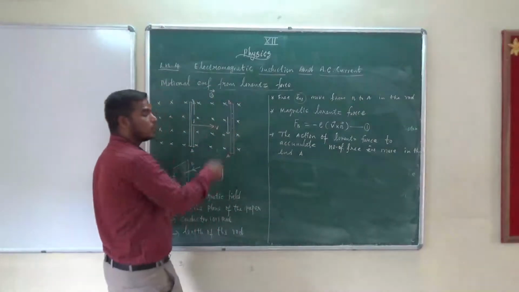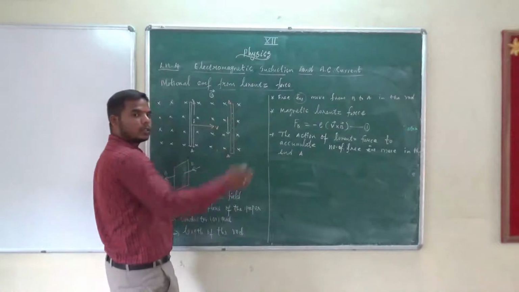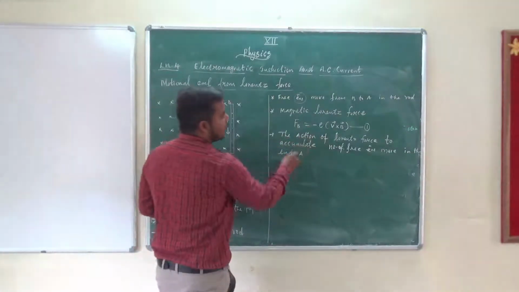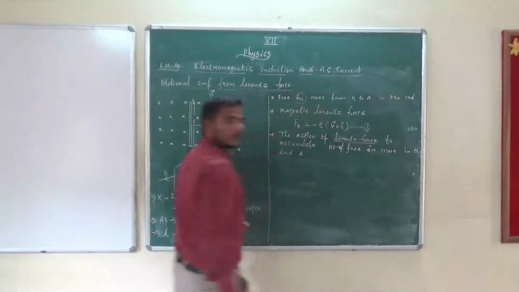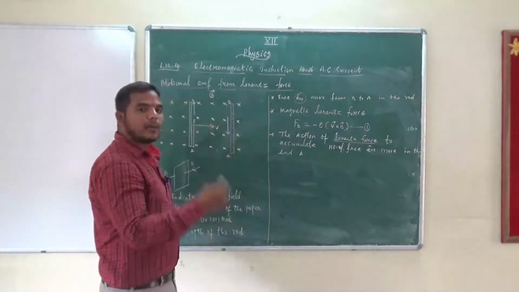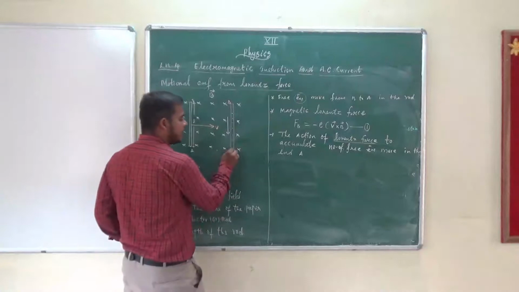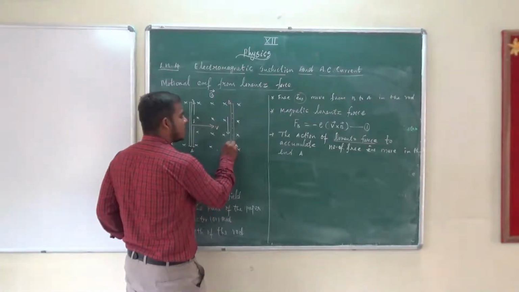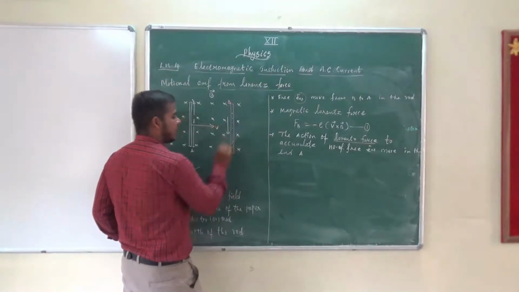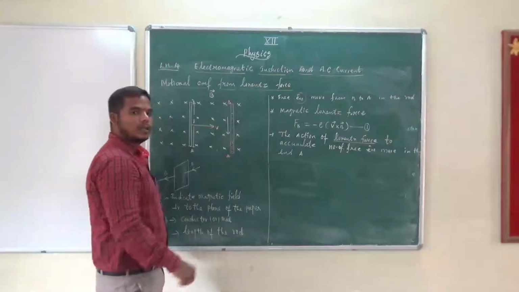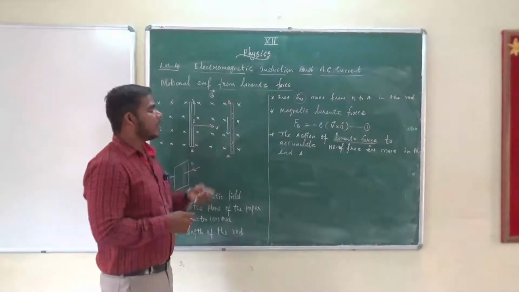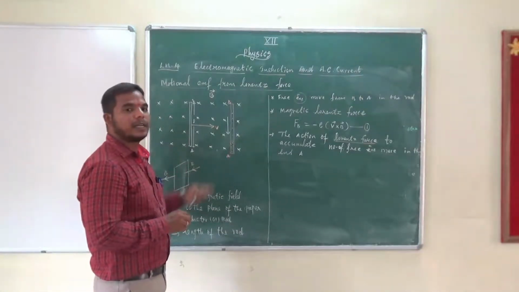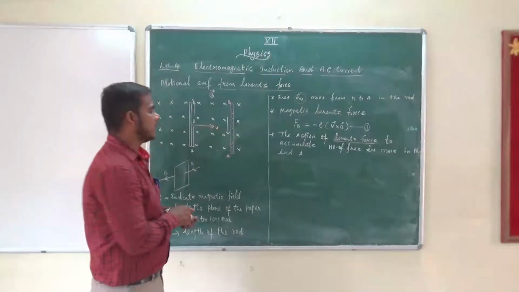The free electrons have already moved from B to A due to the motion of the conductor. Due to the action of the Lorentz force, they accumulate a number of free electrons at end A. Like that, the free electrons accumulate in the conductor and move from B to A. Already moved to end A. So due to the accumulation of free electrons at end A, automatically an electric field is set up.